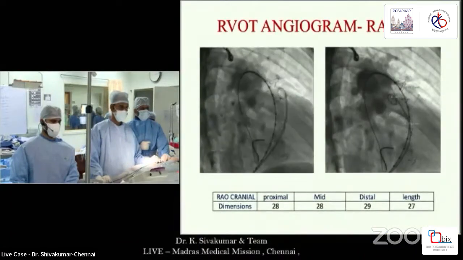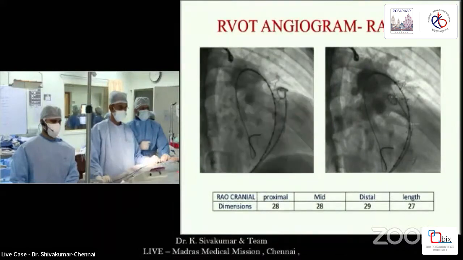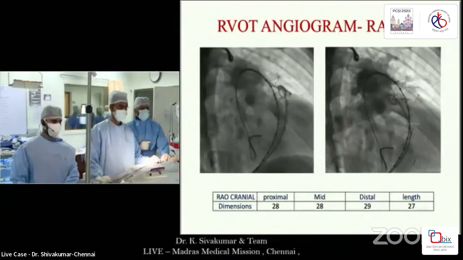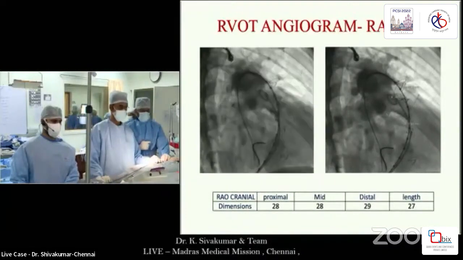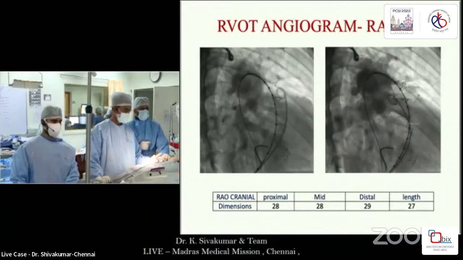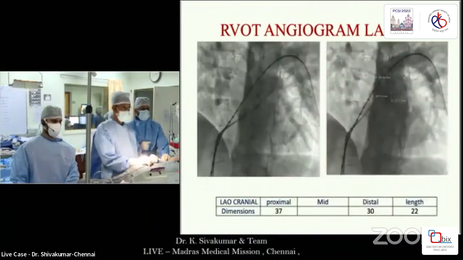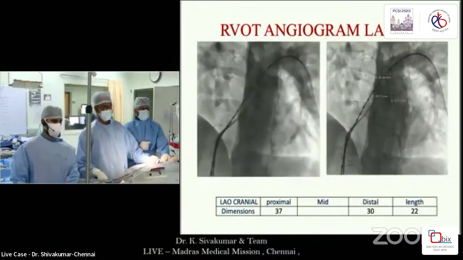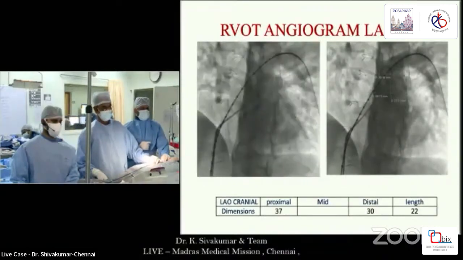These were the RVOT angiograms. RAO cranial view gave a dimension of proximal 28, mid 28, distal 29 mm, and length of 27 mm. The LAO cranial gave a proximal dimension of 37 and distal of 30 with a length of 22 mm.